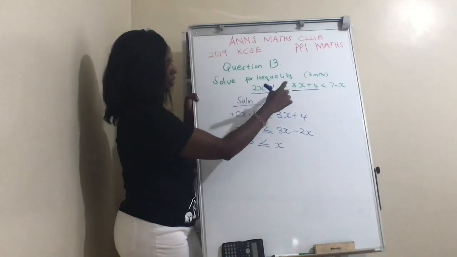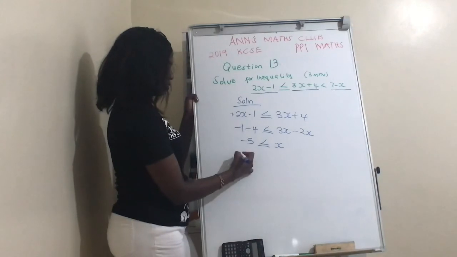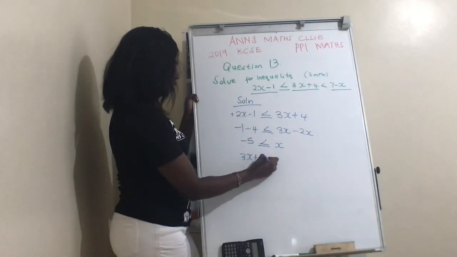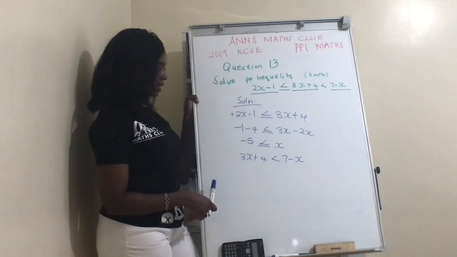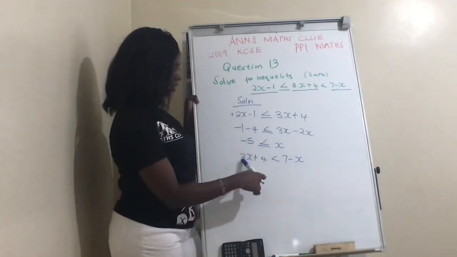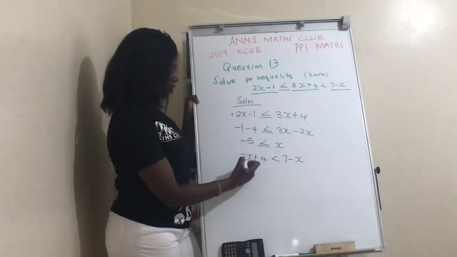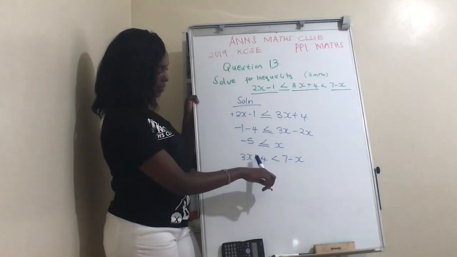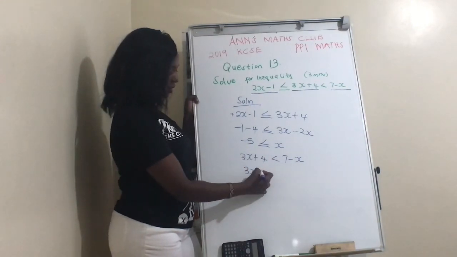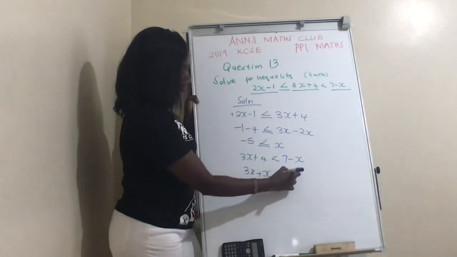So again, now we can take 3x plus 4 and 7 minus x. So you take 3x plus 4 is less than 7 minus x. For this side, you can choose to bring the x to the other side and take the 4 to the other side. So for this side, you're left with 3x. Remember, when bringing the x to the other side, the sign becomes positive because it's a negative x, less than 7.